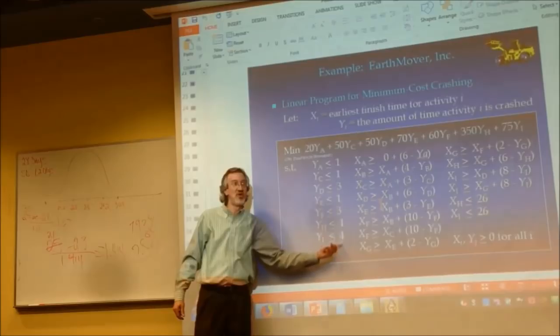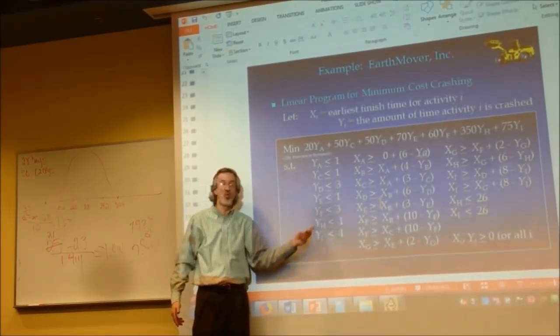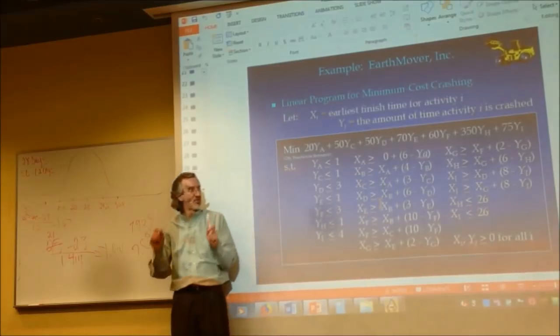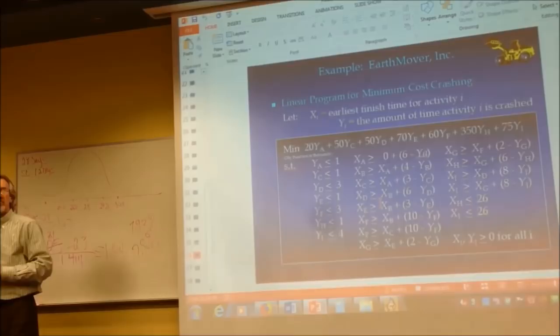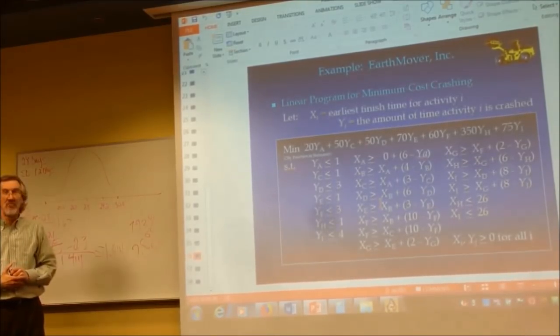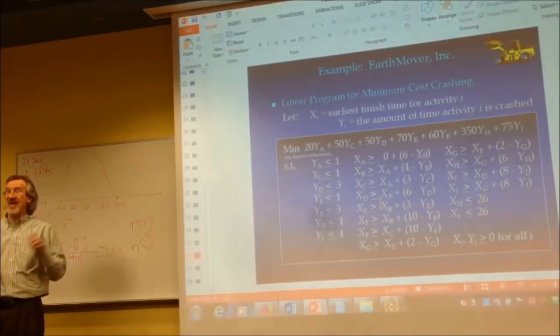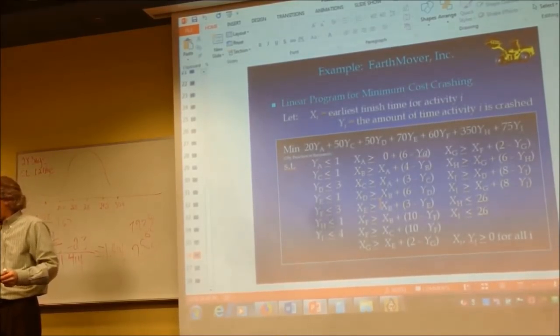It's the number of units that could possibly be crashed for each activity using the y variables. Y represents units crashed. That's what that variable represents. Y is the units crashed. Okay, number of units crashed. You got that. So objective function, y constraints are easy, right? You just got to do the math when you get this.